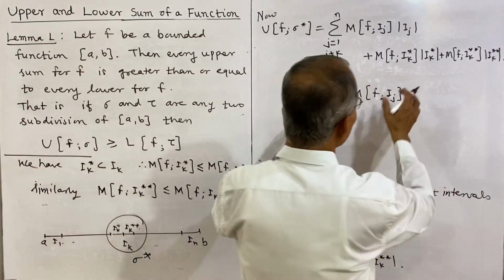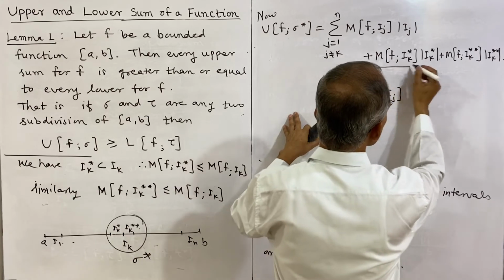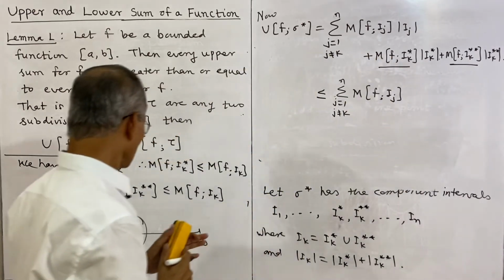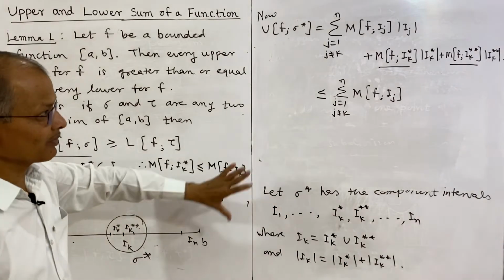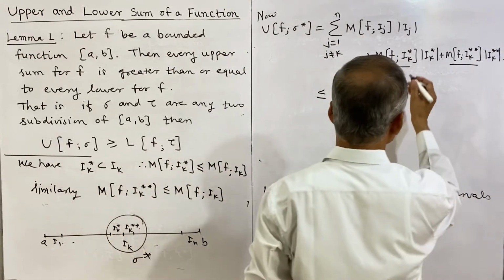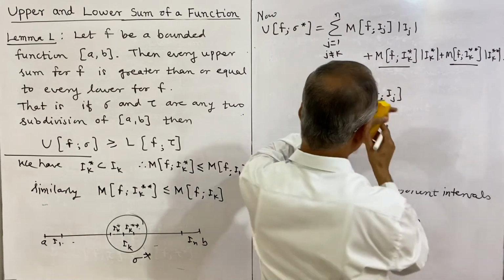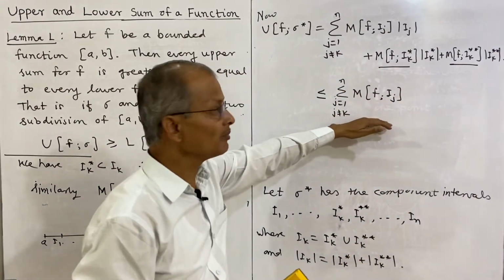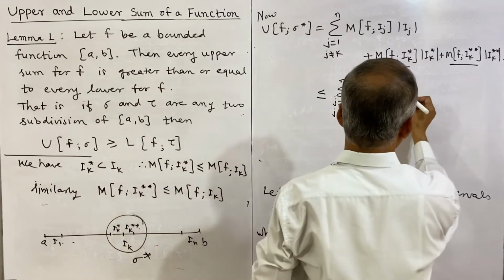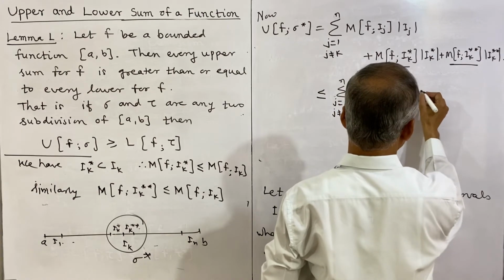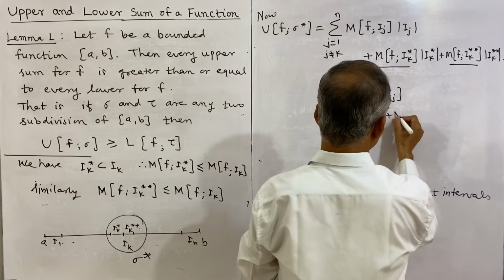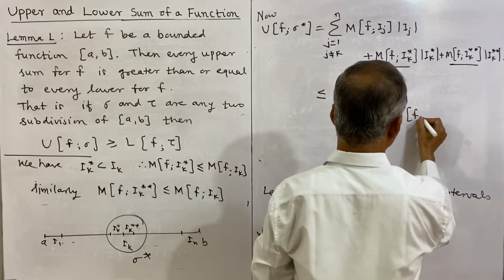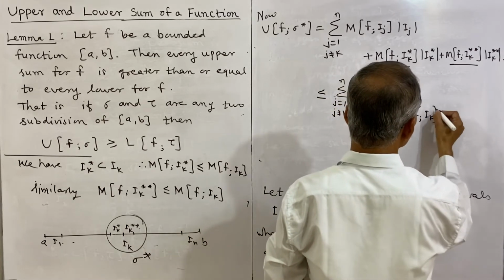Now we replace these two by the maximum value of f on Ik, the bigger interval, and therefore the above expression will be less than or equal to the expression below: maximum value of f on Ik into bracket.